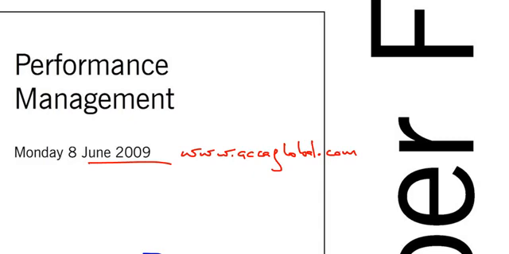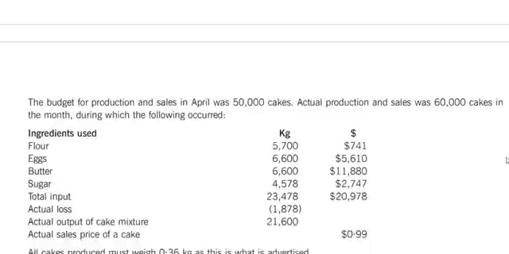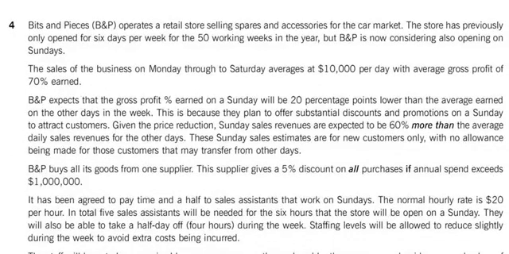Pause the video, read through the question. Question 4, Bits and pieces. Just pause the video right now, download that question, and let's try and go through this.